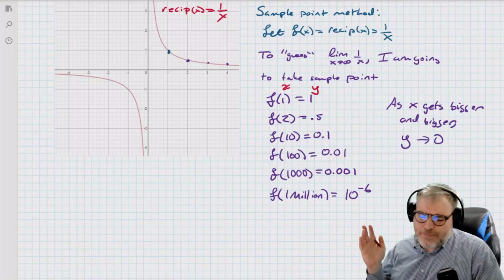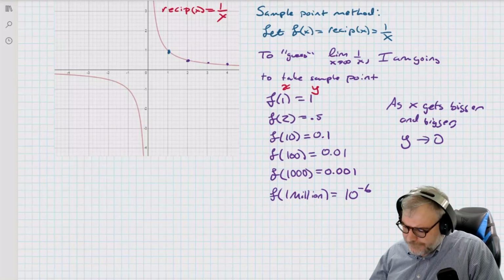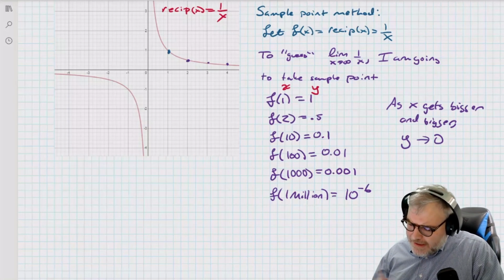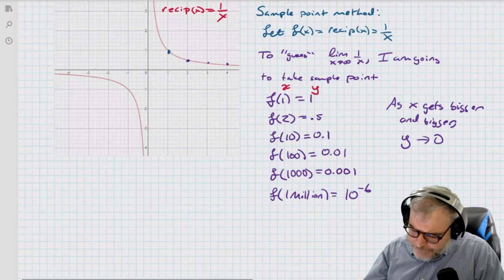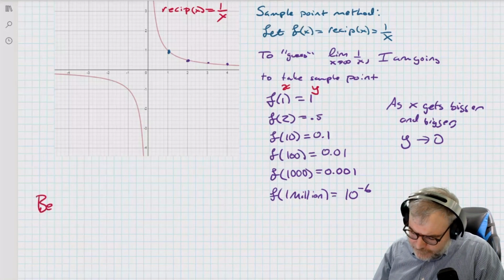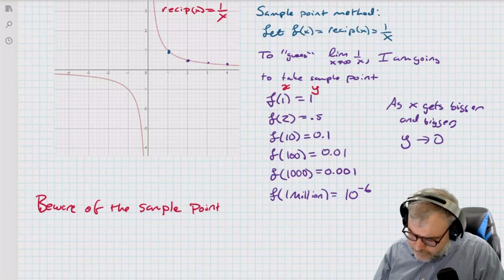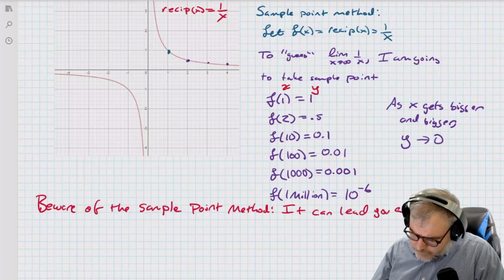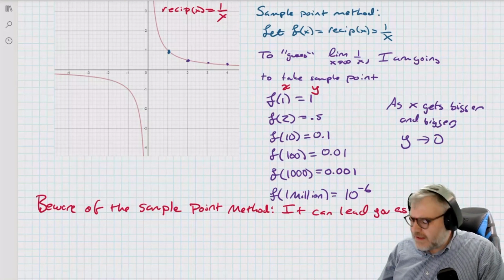I take a whole bunch of sample points and I make a guess. Okay. But beware of the sample point method. It can lead you astray.